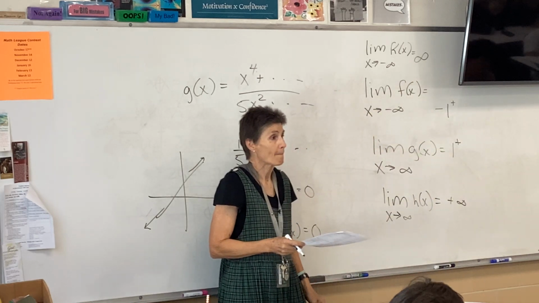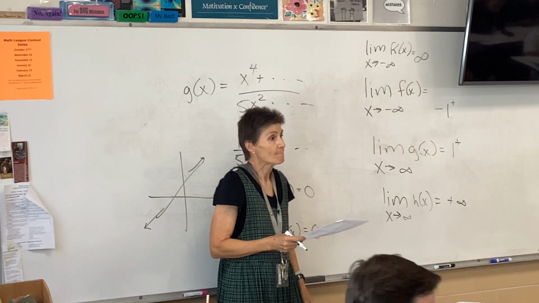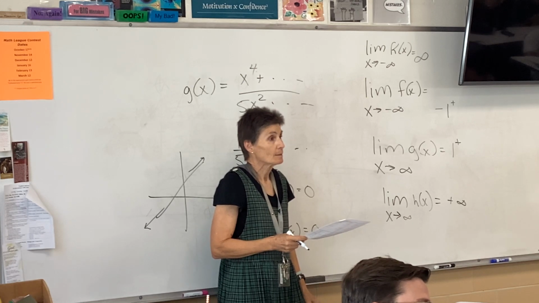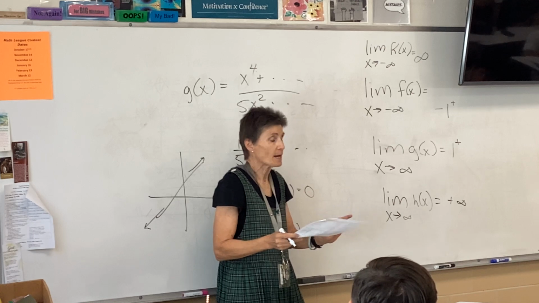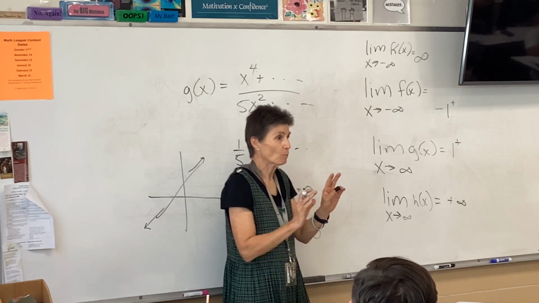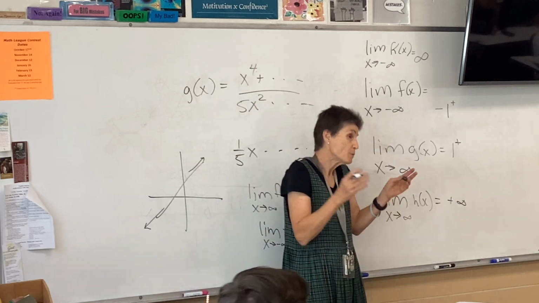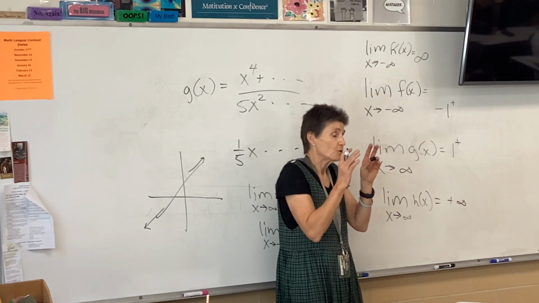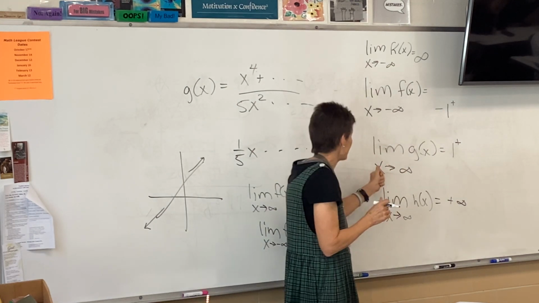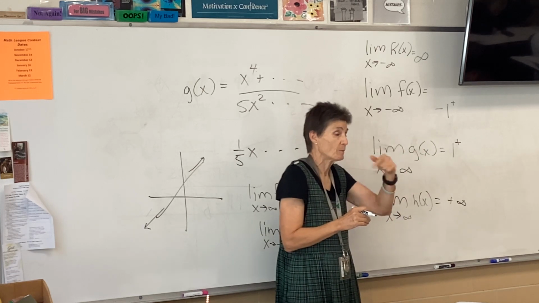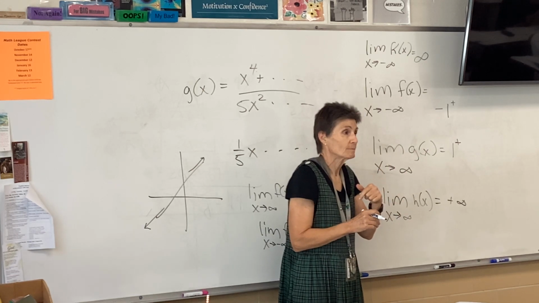Josie? So when there's a slant asymptote, we use like the infinity and negative infinity, and when there's a horizontal, we use that horizontal asymptote in the limit statement? Now, wait. Josie, stop. This isn't something we're memorizing, okay? And you can if you want, but you need to think about this. What are we talking about here? When we say we're finding a limit as x approaches infinity, what are we talking about? End behavior, that's right.